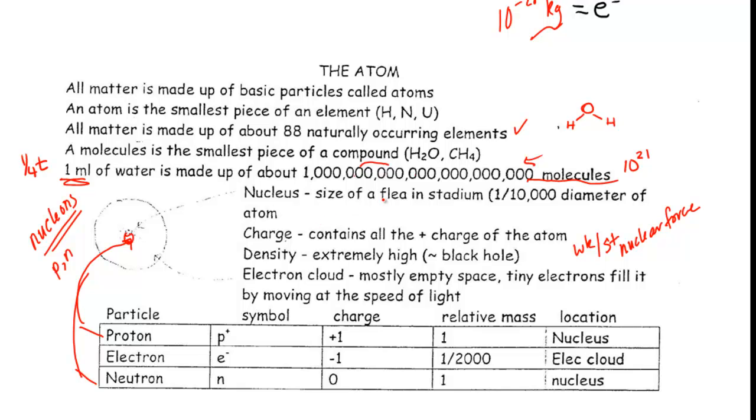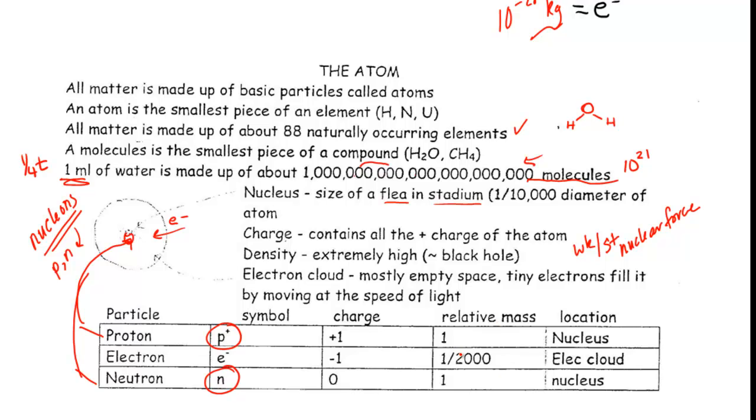For example, the nucleus of an atom is about the size of a flea in the center of a baseball stadium. Very small. And in that nucleus, we have the protons, the positive protons, and the neutral neutrons. And in the volume surrounding that, we have the electrons.